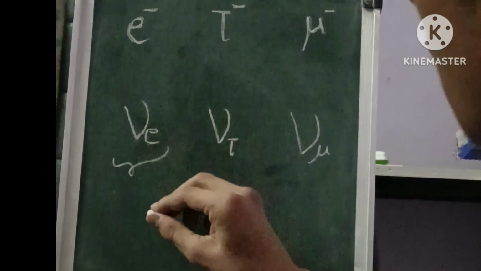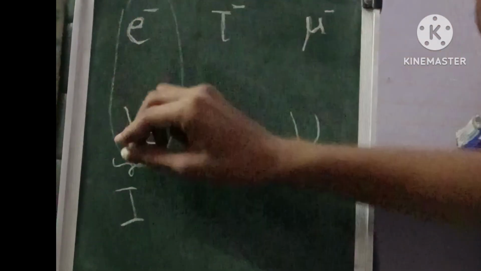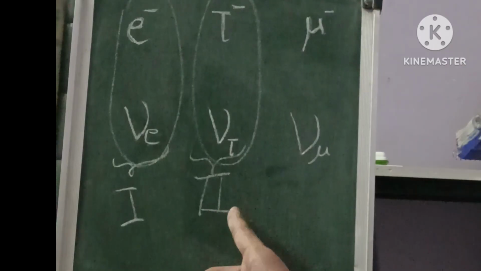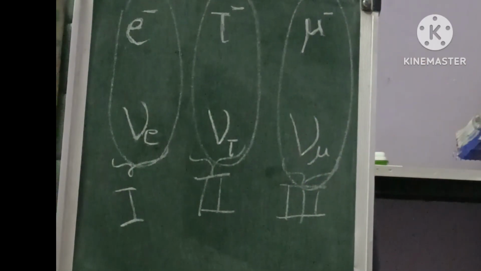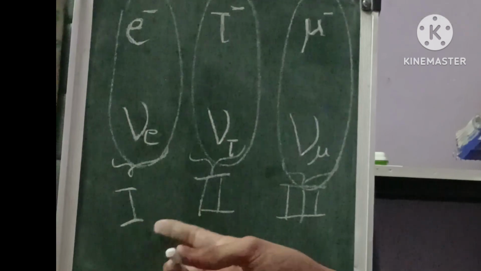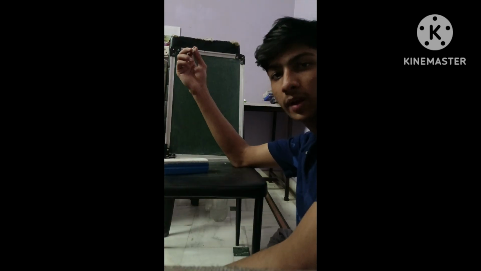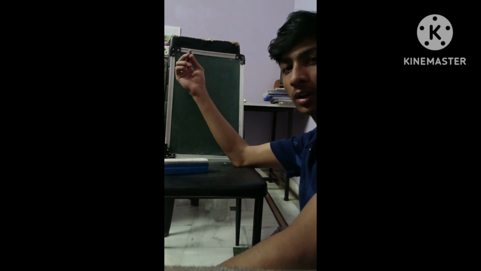First, this part is generation 1, this part is generation 2, this part is generation 3. These generations are based on masses of these leptons, and all of those 6 flavors of leptons have their antimatter particle, corresponding particle.